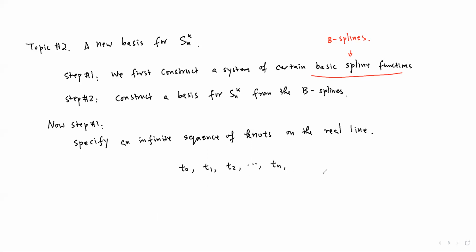Now I extend these n+1 knots to infinity on the right side and also on the left side. So the next ones are Tn+1, Tn+2, and so on, extended to infinity. And on the left side, T-1, T-2, T-3, and so on.